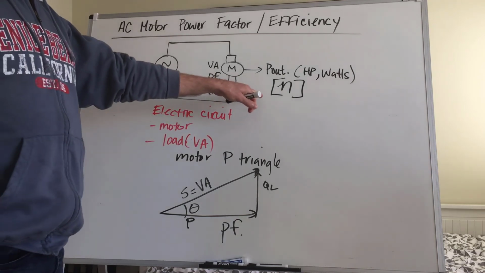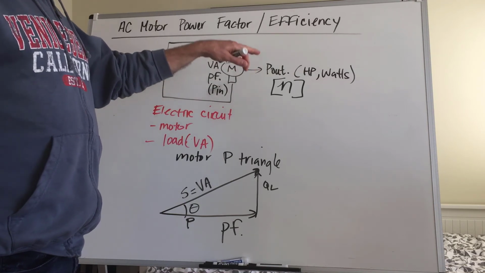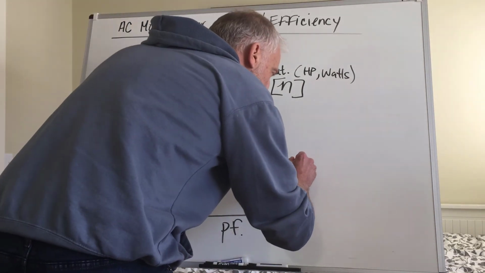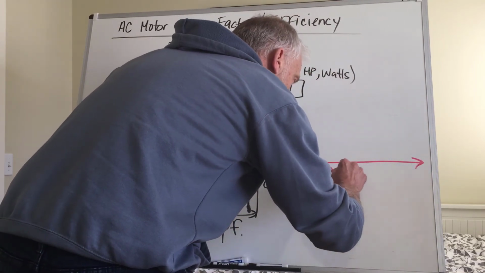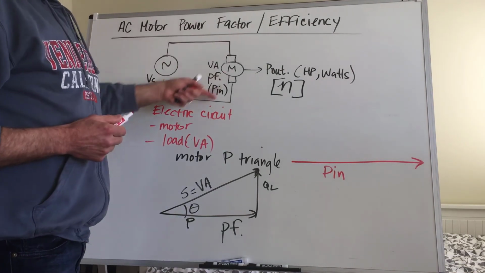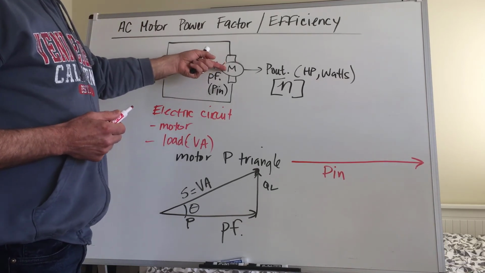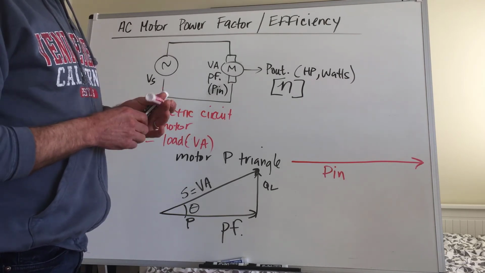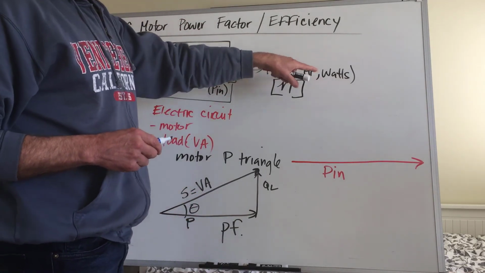So if we were to go over here and start by looking at the real or true or average power values that make up the mechanical circuit, you would have a value here of P in. So we've got a value of P in that comes from the electric circuit here as the amount of watts that's provided to this motor, which now is going to be considered in its efficiency. So what does that mean when it comes to your P out value here in horsepower?